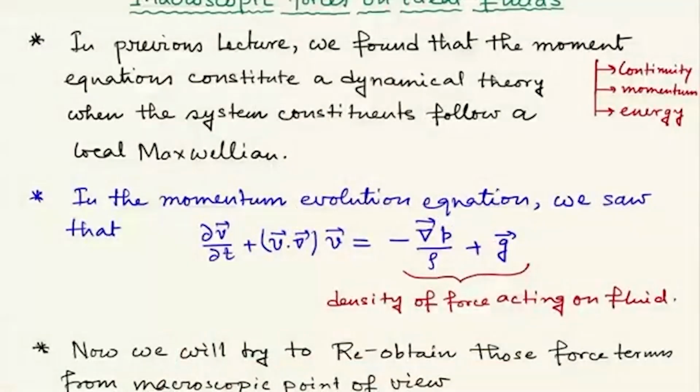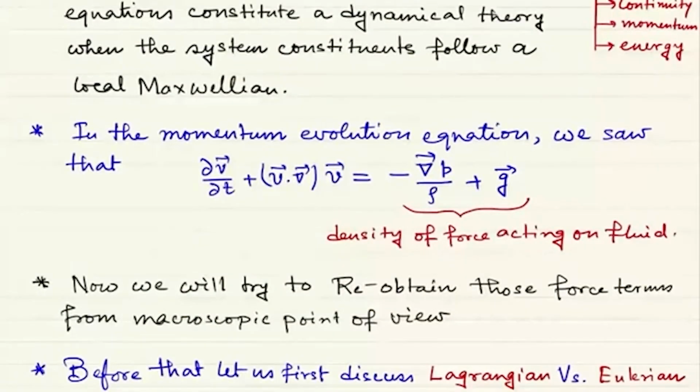But now let me do something which is very much conventional. Let us try to reobtain, that's why I'm saying the word reobtain, those force terms which are in the force equations, from a macroscopic point of view.